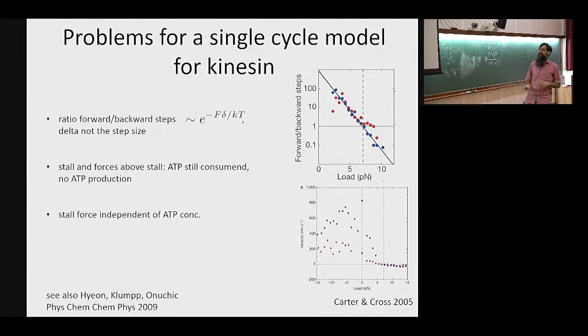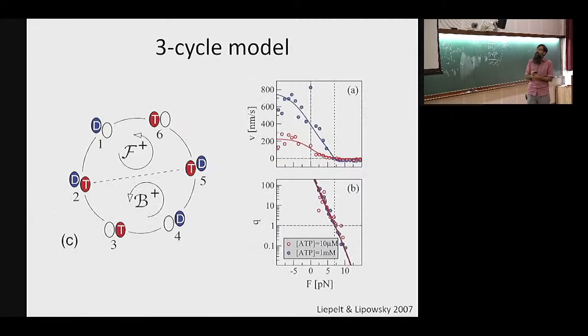The single cycle is a very strongly constrained system. And that's why Liepelt and Lipowsky at that time proposed this model, which has three cycles. So you have a forward stepping cycle in which ATP comes in somewhere. So here ATP comes in the step from 1 to 2. It makes a step, and the ATP is hydrolyzed, and so on.